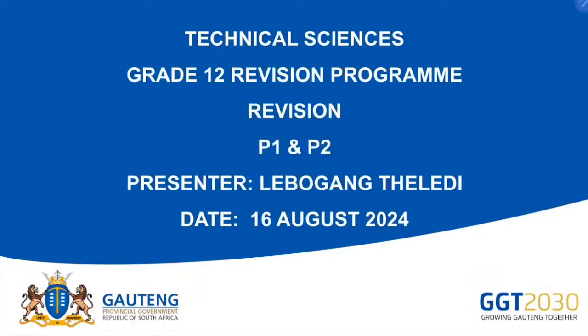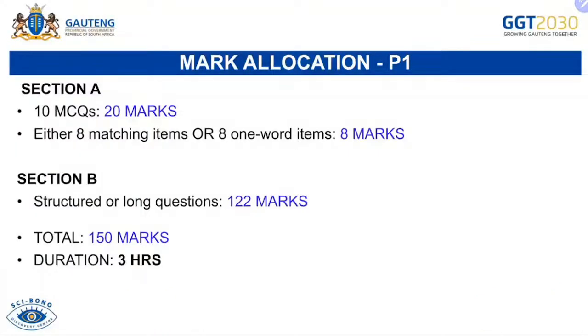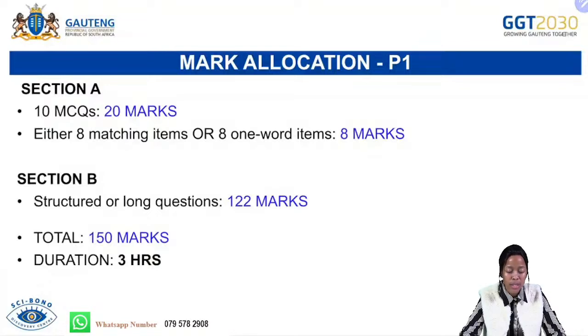Today we'll be focusing on the revision of your paper 1 and paper 2 examinations. When it comes to the mark allocation for paper 1, we have section A, which consists of 10 multiple choice questions with a total of 20 marks.